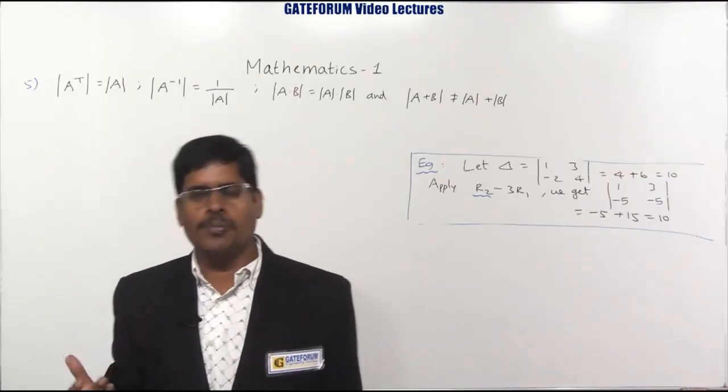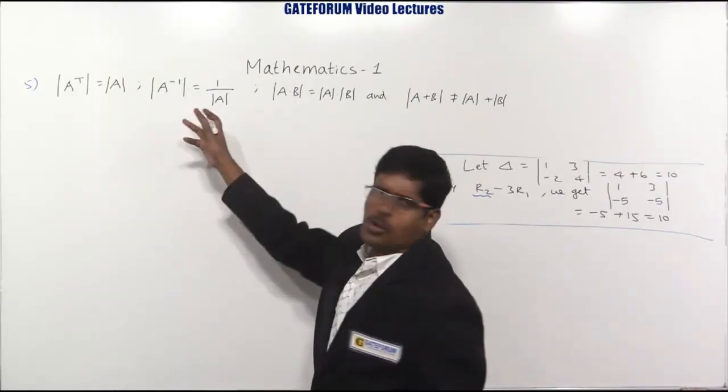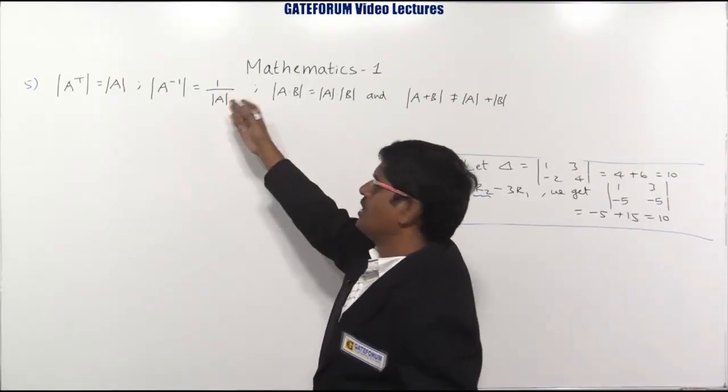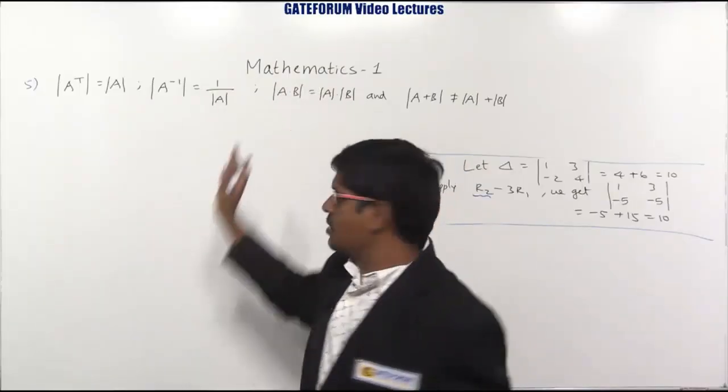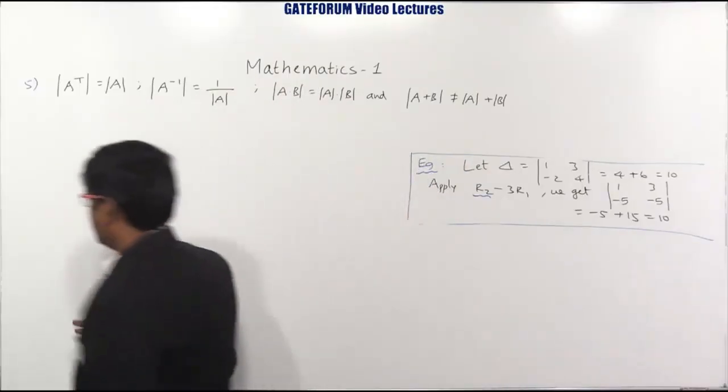Now at home, when you have time, take a 2 by 2 matrix, find the transpose, find the inverse as I showed you in the previous examples, and check whether they satisfy the above properties or not.